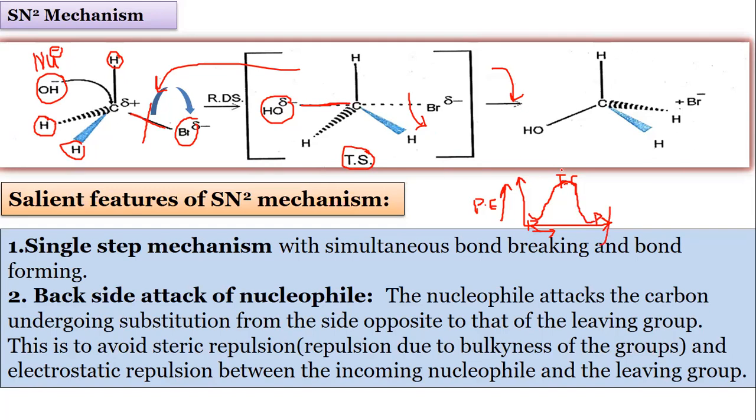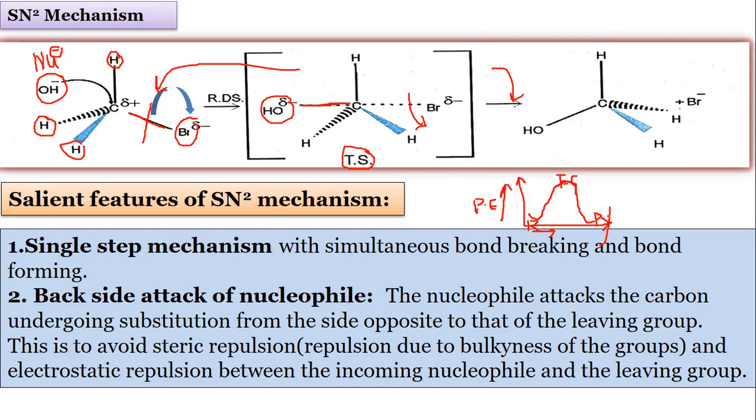So you understand this graph, why the energy increases, and when the bond is broken, why the energy comes down? Because when the bond is broken, the energy will come down. And why is the energy higher at the transition state? Because at this stage, bond breaking and bond formation take place simultaneously. That's why the energy is higher here.